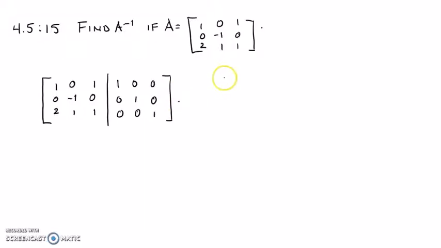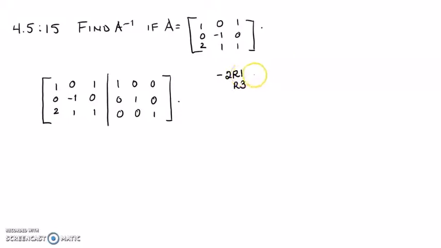Then I'm going to take the opposite of row 1. Pretty much you're just performing the systems methods for elimination to change this first left side, the left 3 by 3, to look like the identity. And then the right side will be your inverse.